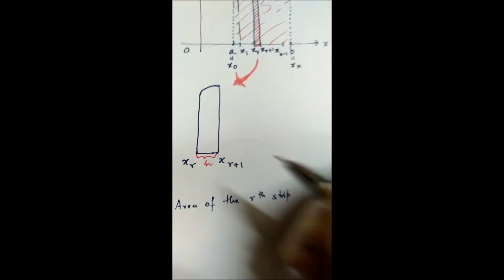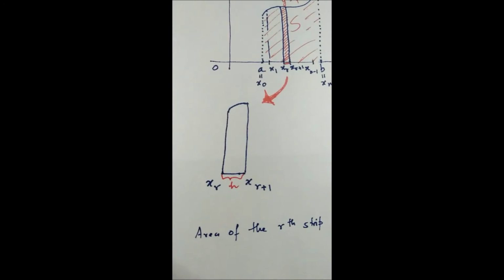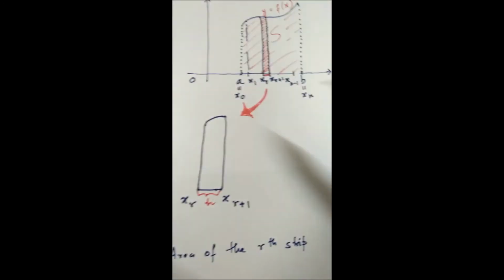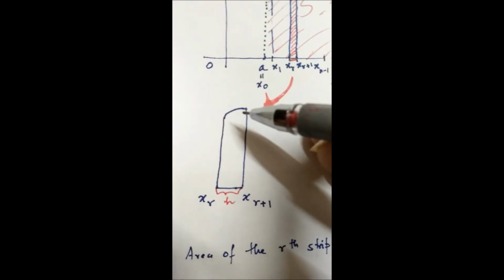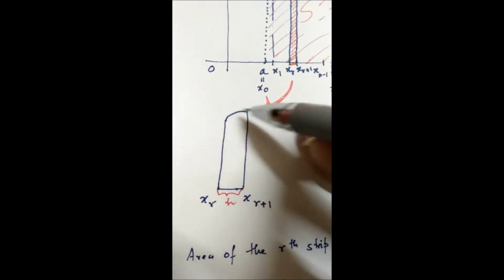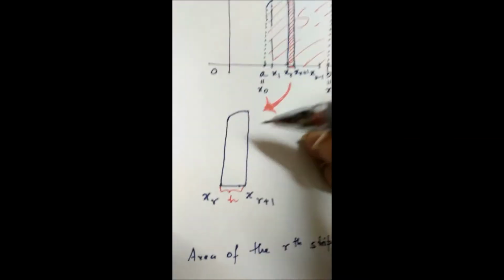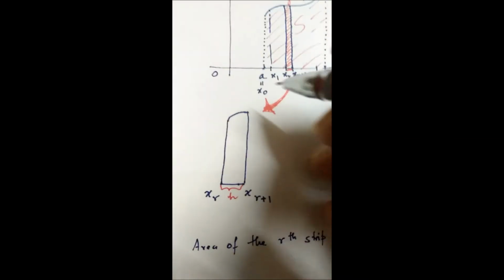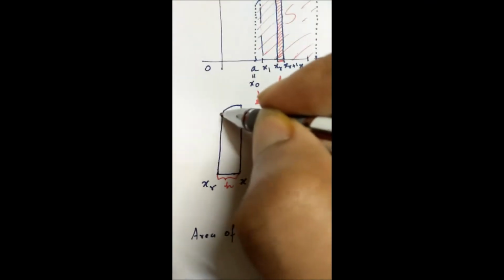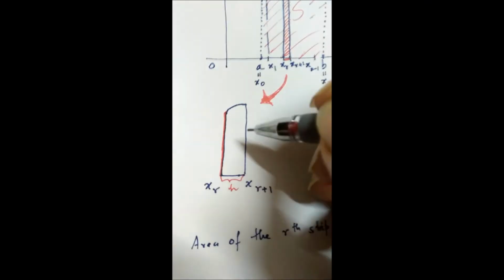This is h, no doubt about it, right? Now, as the strips have become thinner and thinner, this will not matter anymore. Try to understand the notion. For instance, we take the left wall in this one.